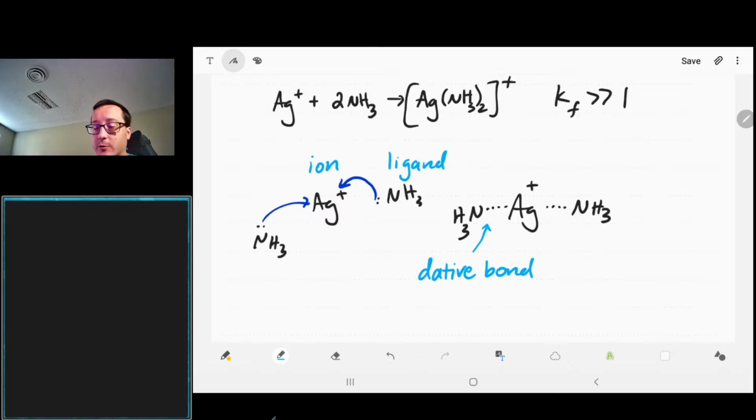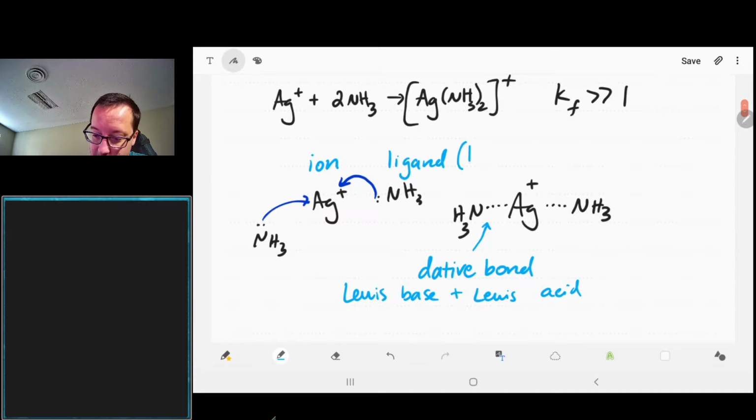And that always arises from this interaction between a Lewis base plus a Lewis acid. We can always think of our ligands, by the way, as Lewis bases. So the ligands that have these lone pairs are going to use them to form these bonds to a central metal ion.